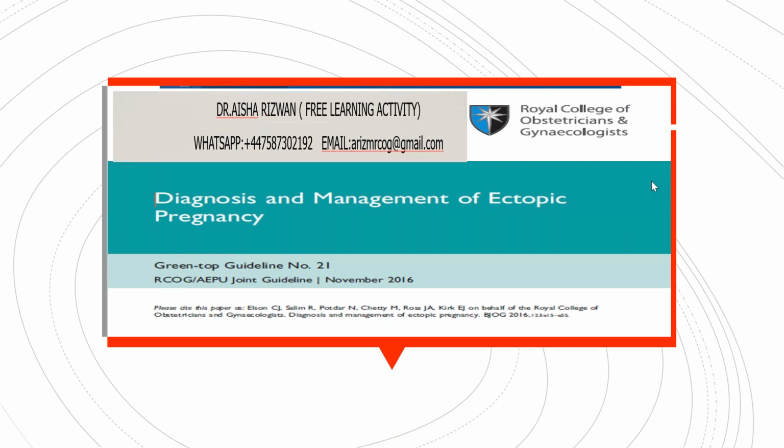The criteria are: absence of an intrauterine gestational sac, then absence of both an evident dilated tube and visualization of a complex adnexal mass. Then thirdly, you can see a gestational cavity surrounded by loops of bowel and separated from them by peritoneum.